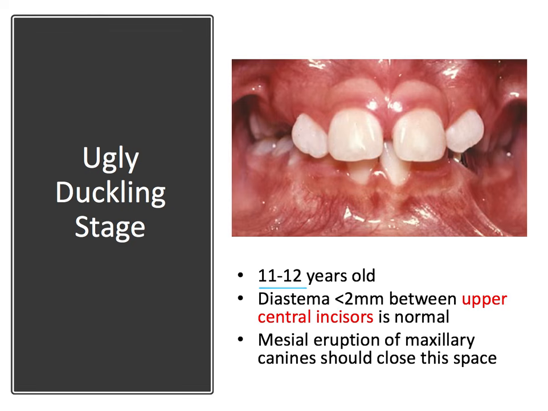Now, a gap larger than 2 millimeters may need some subsequent treatment, and that canine eruption wouldn't be enough to spontaneously close that ugly duckling space. When the board exam asks about ugly duckling stage, they like to ask about what teeth have a diastema between them, and that would be the upper central incisors.